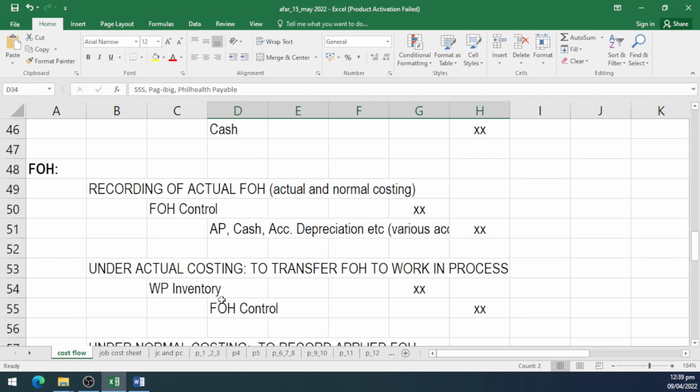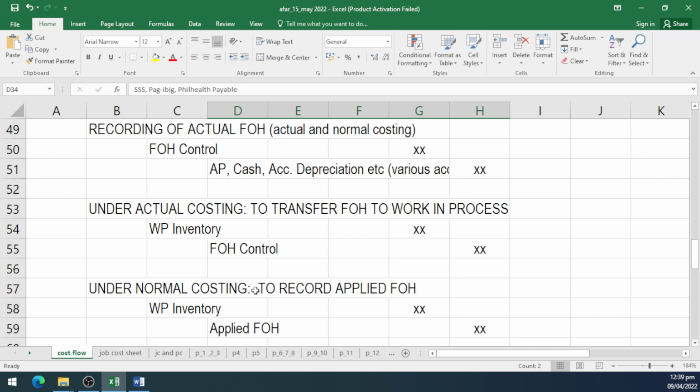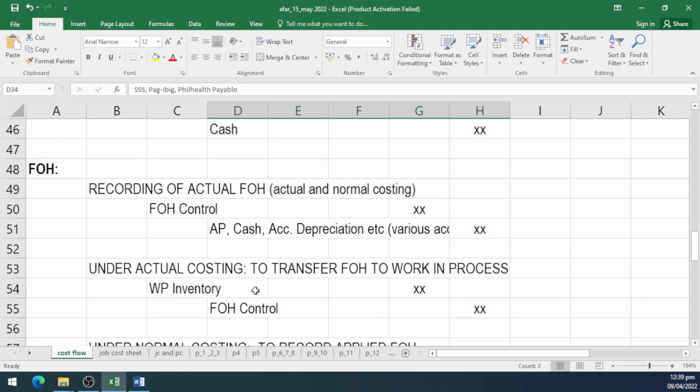Marami yan, class. Depende kung ano ang na-incur na nature ng factory overhead. Well, ang i-record natin sa handouts na to ay actual and normal costing. Of course, sa standard costing, ganyan din naman ang entry to record the actual factory overhead incurred.